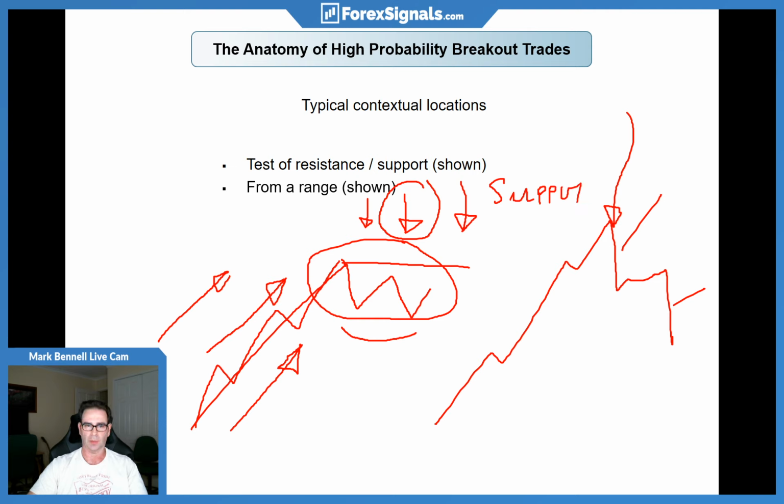But because we've got basically a continuation pattern, the buyers are supporting price. So just remember that premise. When you see a setup at a key level, are buyers supporting price? Are they able to overcome supply? Does this look like they're overcoming supply?